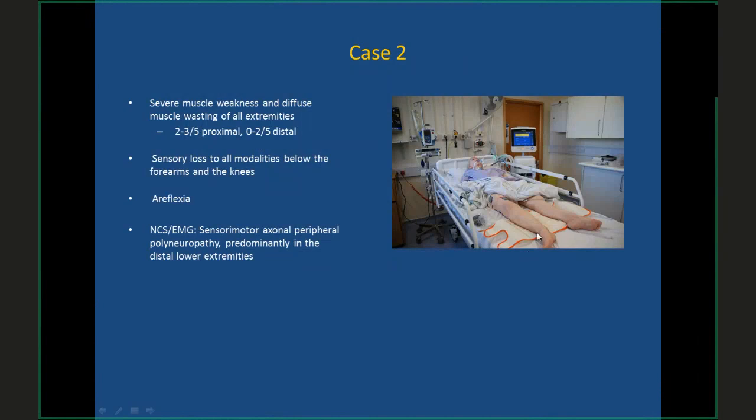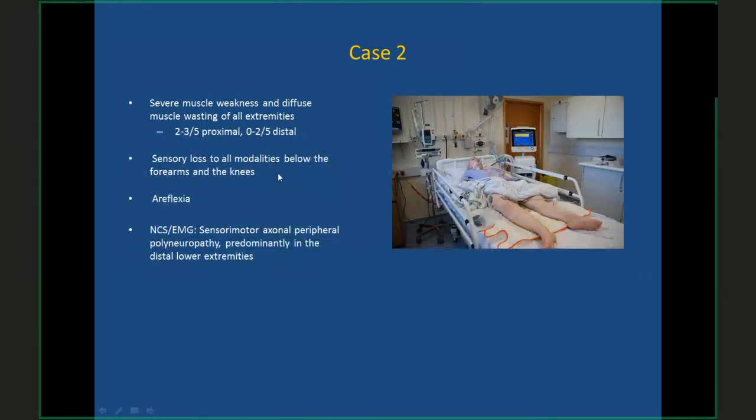So basically, you can tell from the feet, there's no muscle strength in the lower extremities, and it also shows muscle wasting here. The patient was awake and could do the exam, and showed sensory loss to all modalities below the forearms and below the knees.